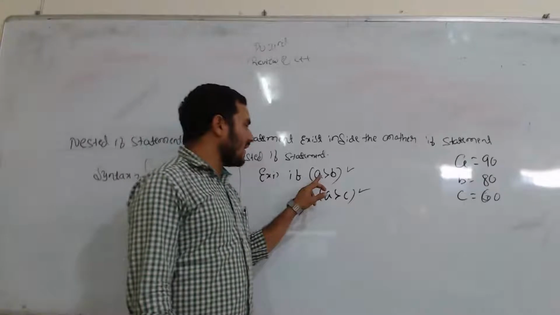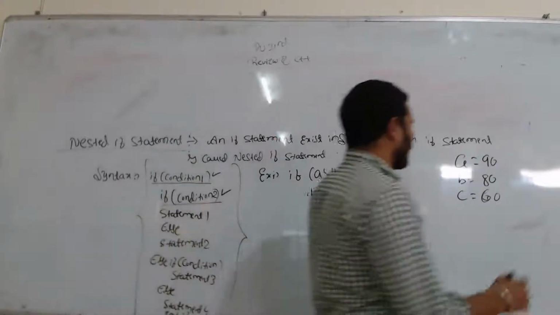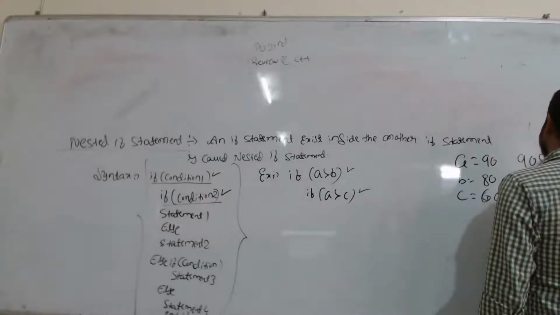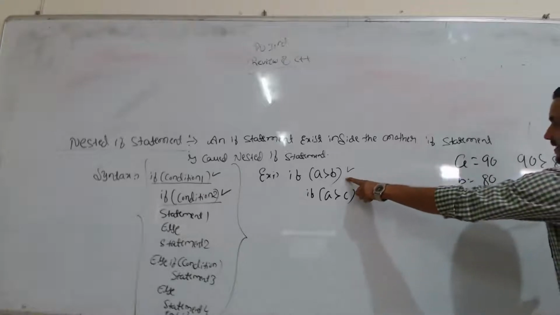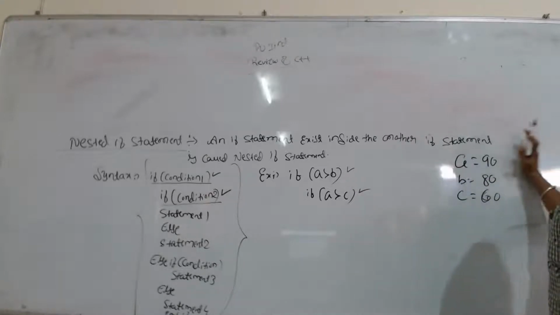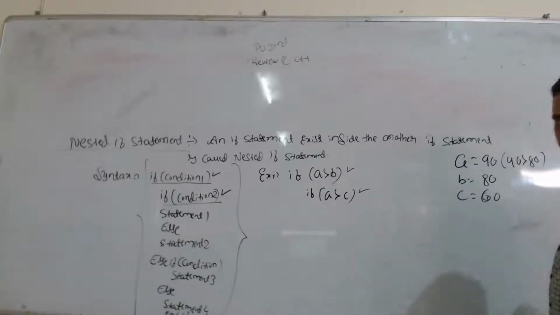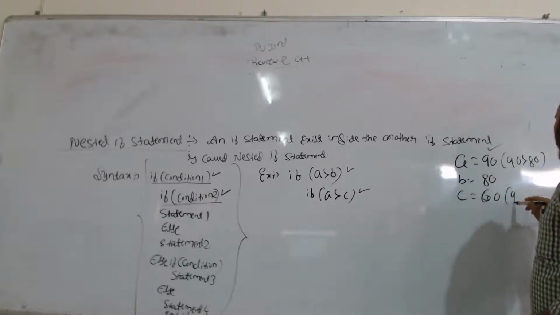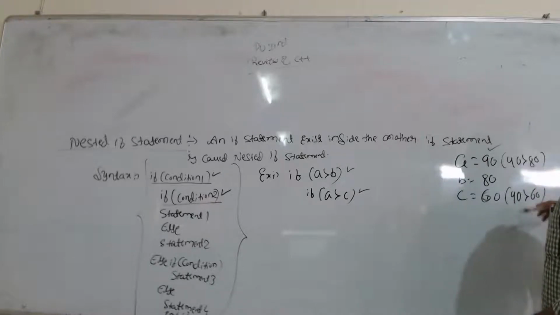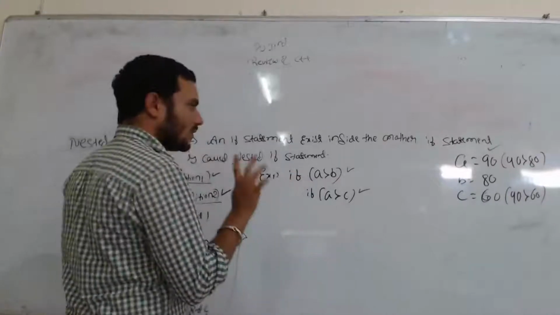So if A greater than B is checked, and A greater than C is checked. 90 greater than 80, so A greater than B is true. Then one more: 90 greater than 60, so this is also true. So statement 1 is true.